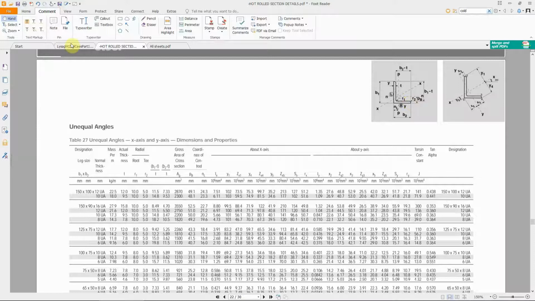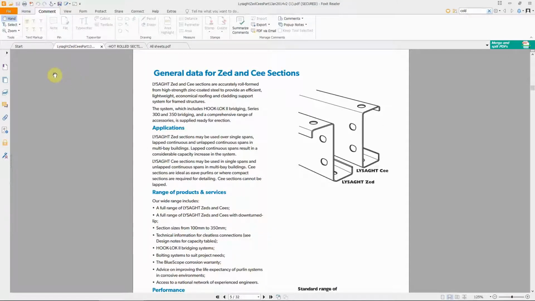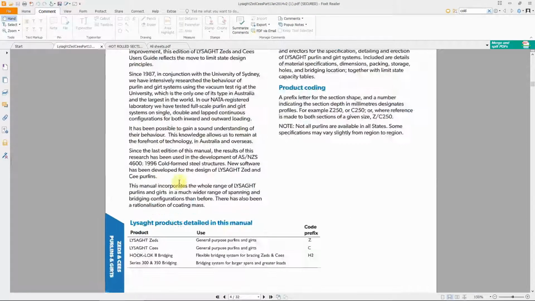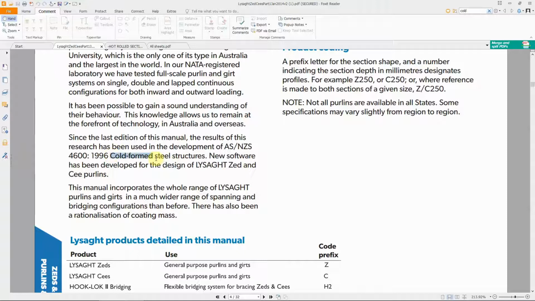Now the second type of material, very commonly used for usually smaller capacity or slightly weaker members, we call cold formed steel. Sometimes we call them rolled form steel.